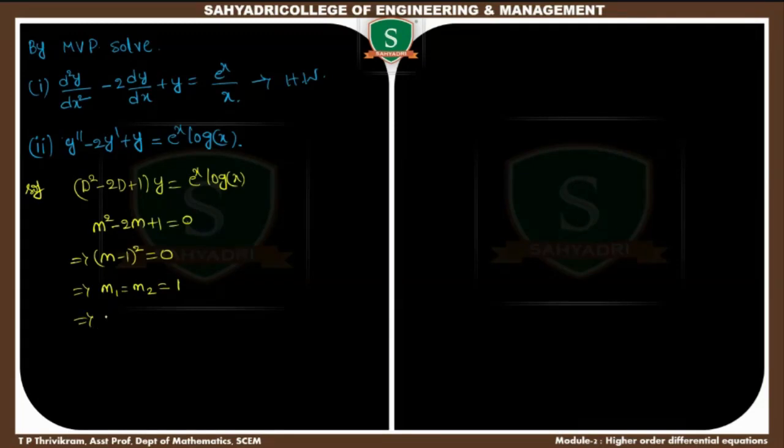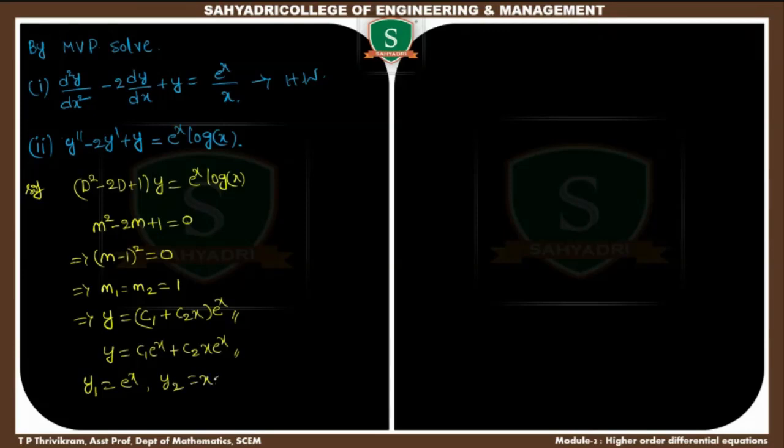Implies y is C1 plus C2x into e power x. So therefore y is equal to C1 e power x plus C2 x e power x. So y1 is equal to e power x, y2 is equal to x e power x.